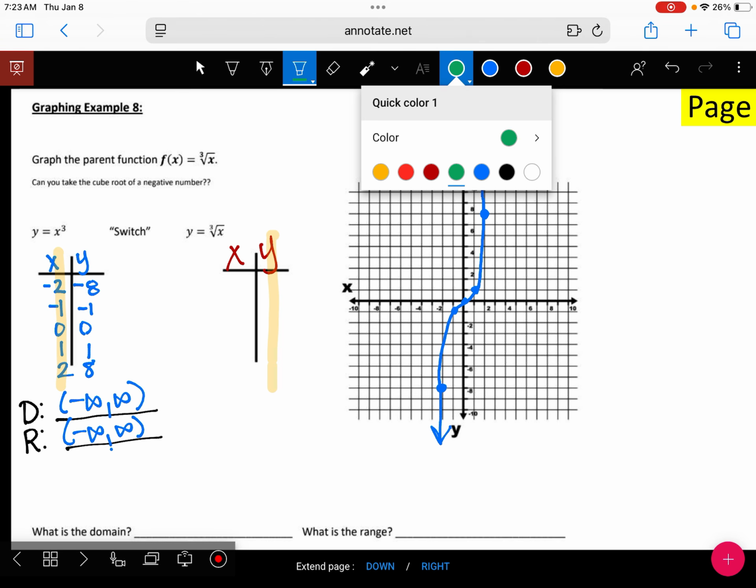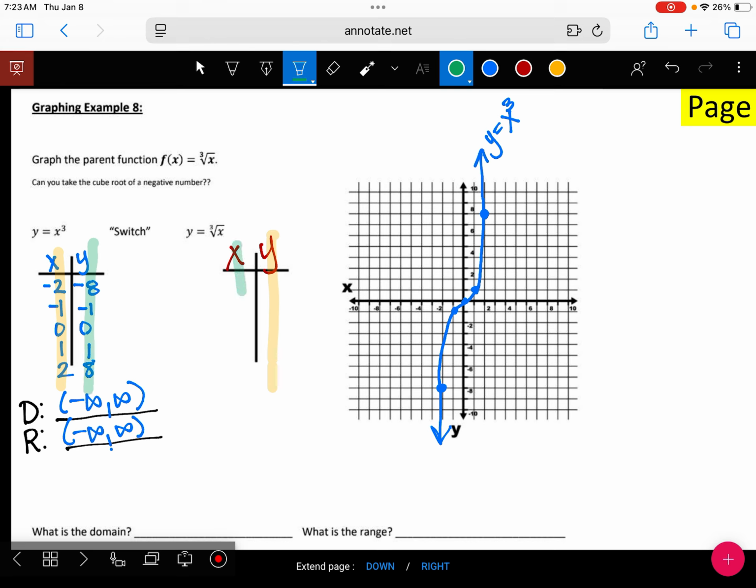And then you're going to take all of these numbers and put them under x and graph it again. So let's flip our table. So now we have negative 8, negative 1, 0, 1, 8. And over here we have negative 2, negative 1, 0, 1, 2. Go ahead and graph that.